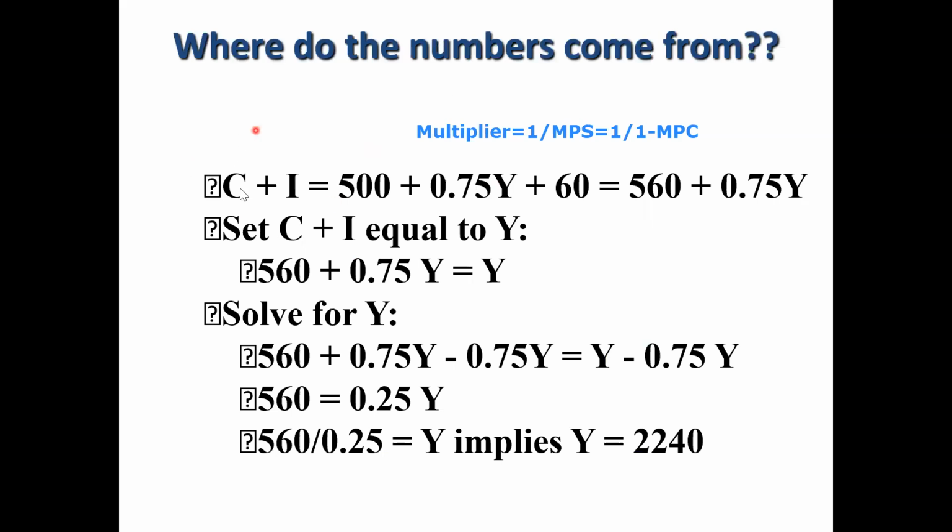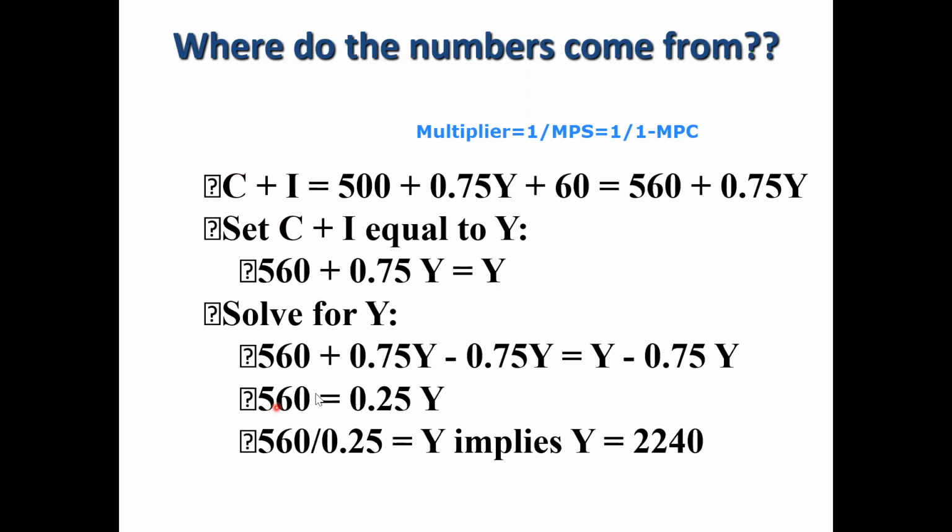And we know that C plus I is equal to Y. So 560 plus 0.75Y equals Y. When we move this to the right-hand side, we have 560 plus 0.75Y minus 0.75Y from both sides.